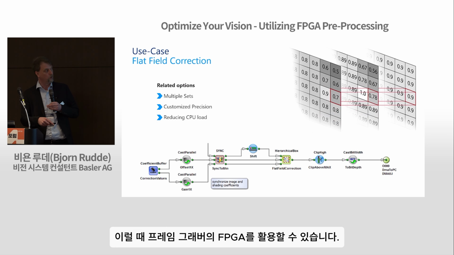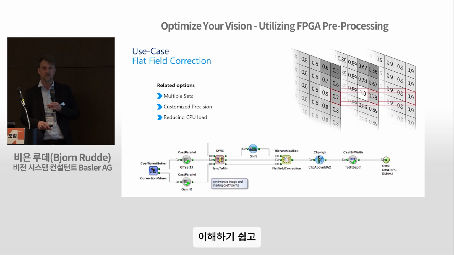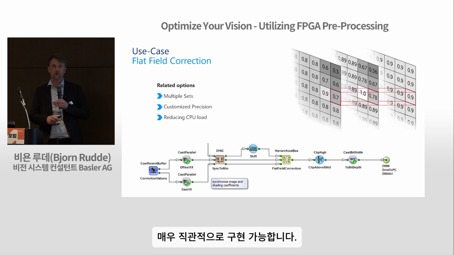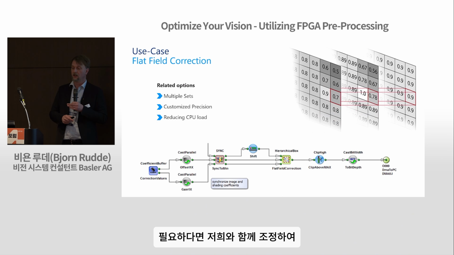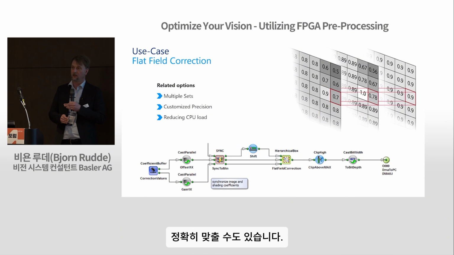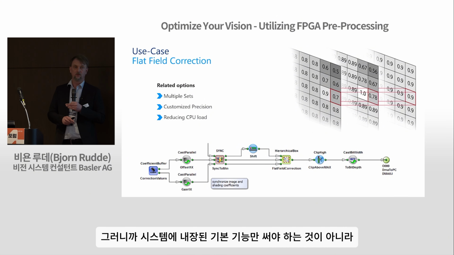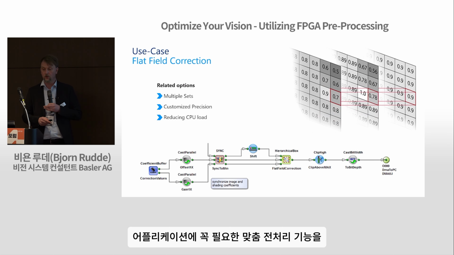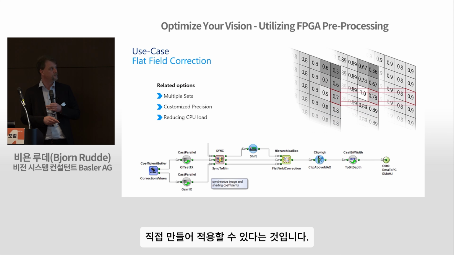Here you see how it would look in the FPGA. It's very easy to understand, very straightforward to implement, and you can change together with us exactly the pre-processing function you require for your application. You don't need to use the one that is existing in the hardware. You can do your own version of this.